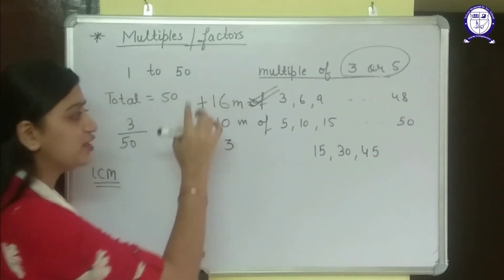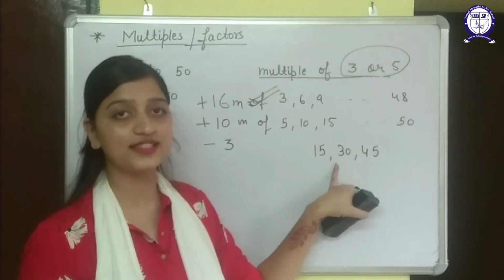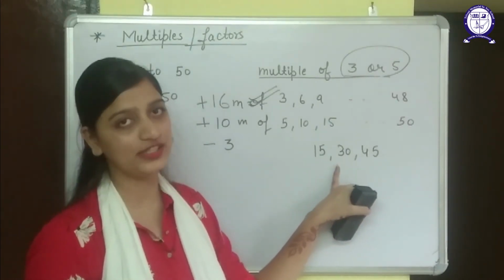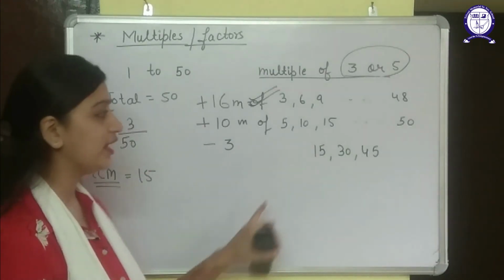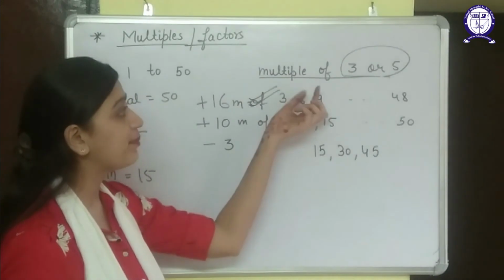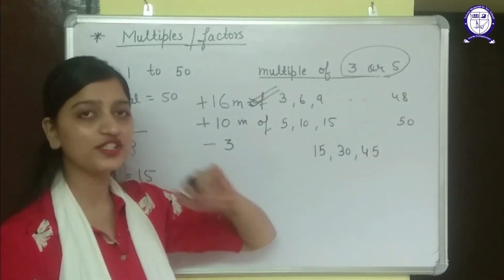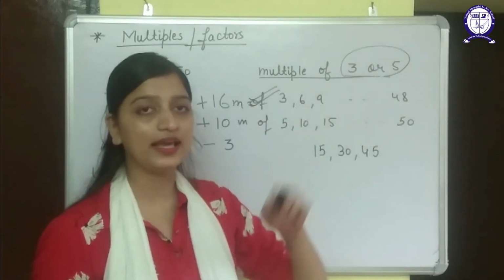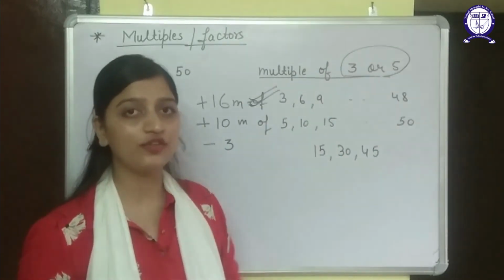I will add these two counts and subtract this. And what is this? This is the LCM of 3 and 5. Right? The LCM was 15, so it was the table of the LCM. So for the case of multiple of A or B, I am taking 3 or 5. The question will have A or B, like A or B can be anything. Okay, I am taking the example of 3 or 5 only.